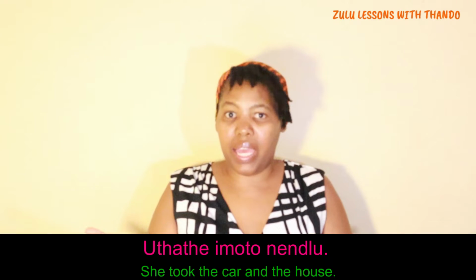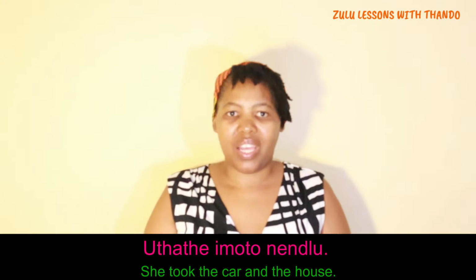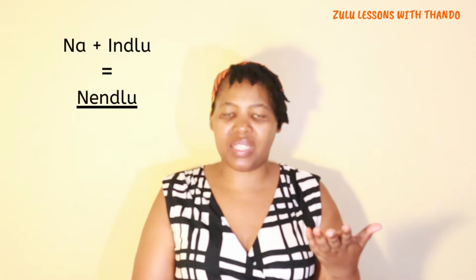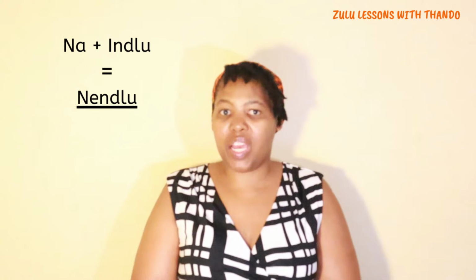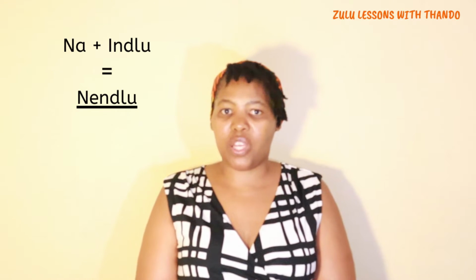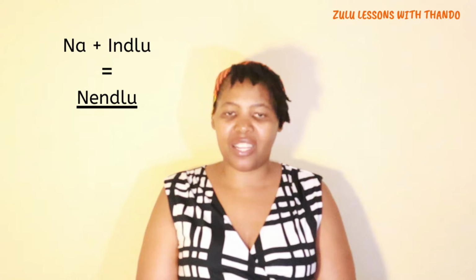She took the car and the house. The car in isiZulu, imoto. The house in isiZulu, indlu. Now, indlu, the house, it starts with the vowel I. Now we have to join these 2 together. We are using the conjunction na.